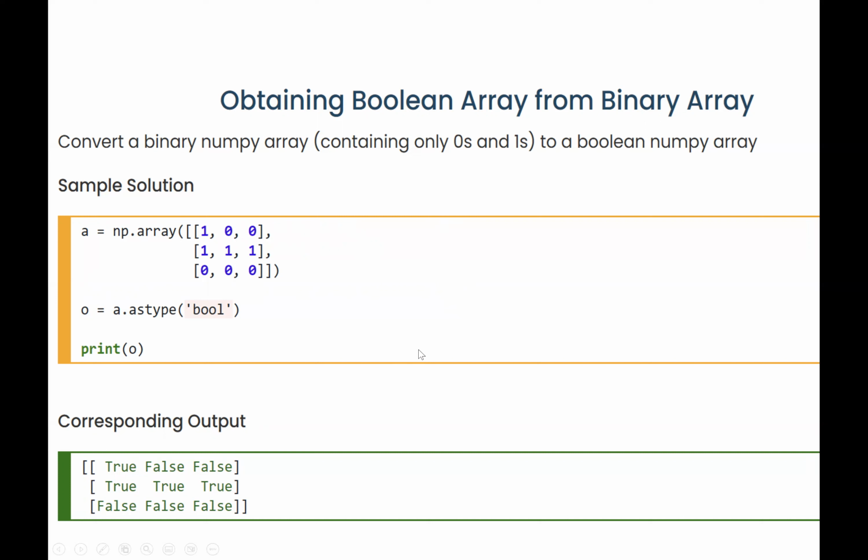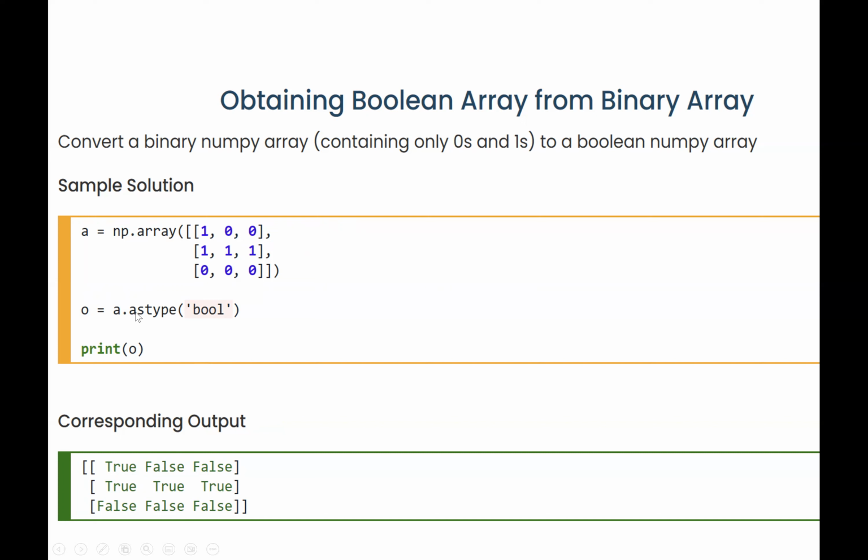In Python, it's the same concept, the data type bool. For example, here we have an array named A. We create the array, and you can see all the values are 1s or 0s. Now we want to change the data type to bool. Bool means it's going to take only true and false. So anywhere we have 1, it represents true, and anywhere we have 0, it represents false.